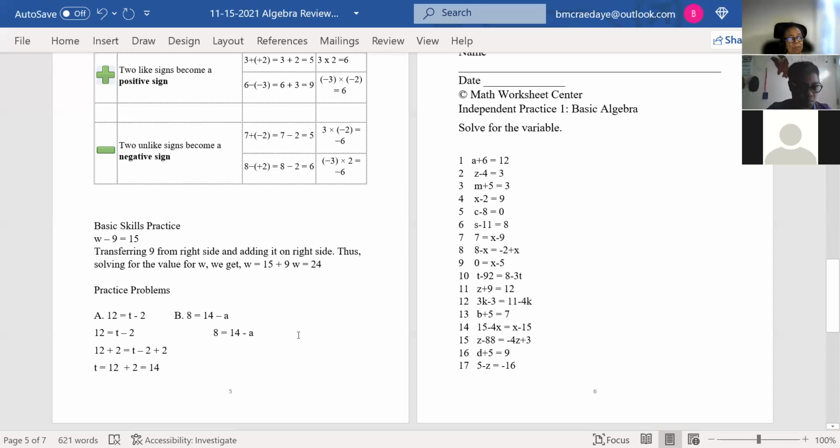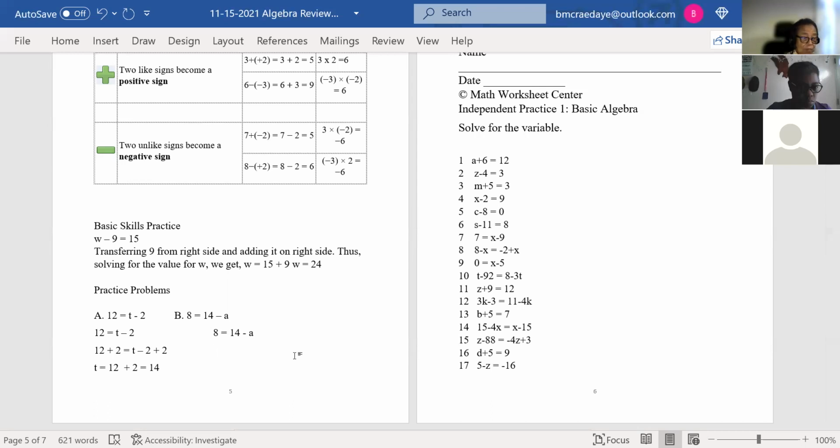What do you subtract from 14 to give you 8? What number A, that's the variable, subtracted from 14 will give you 8? 6. So A is equal to 6.